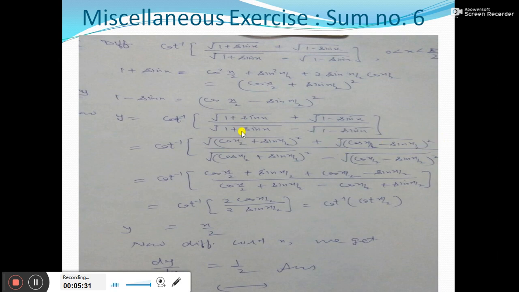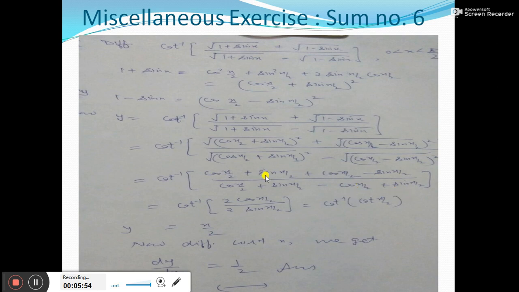The same terms we write in the denominator, and now the square cancels with the square root, it becomes cos x by 2 plus sin x by 2 plus cos x by 2 minus sin x by 2, over cos x by 2 plus sin x by 2 minus cos x by 2 plus sin x by 2.